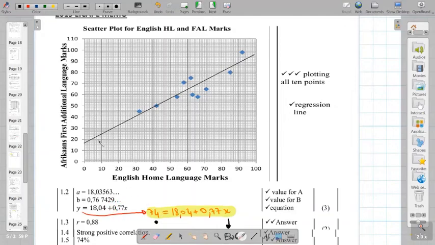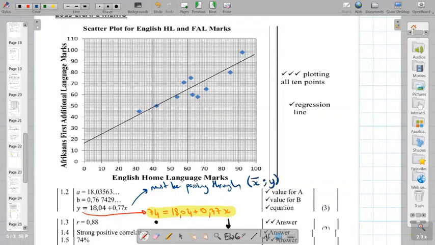And finally, one more thing, let me say, this regression line must be passing through the mean of the English and Afrikaans marks. Okay, so let me just write it here. When you are drawing, which point must it pass through? It must be passing through the mean of X values and the mean of Y values.